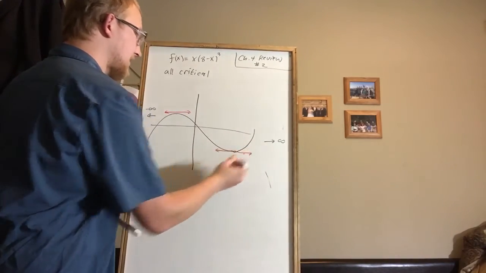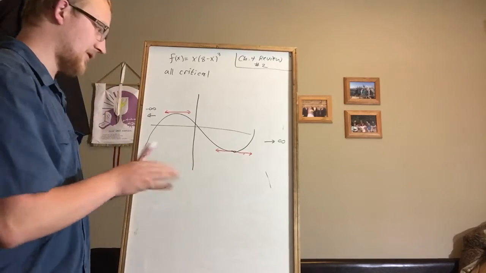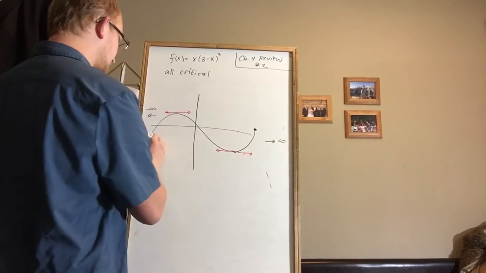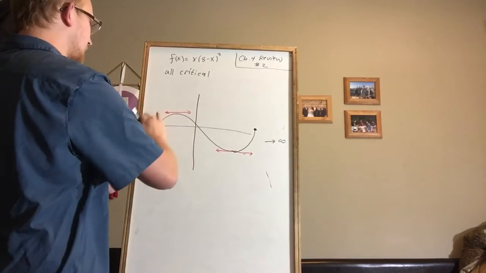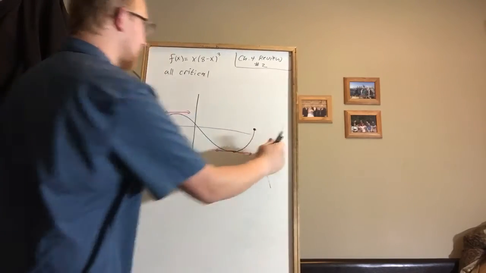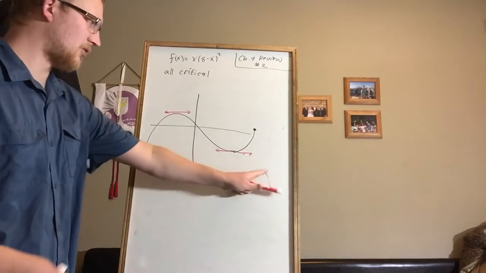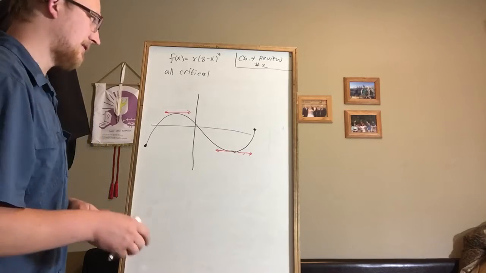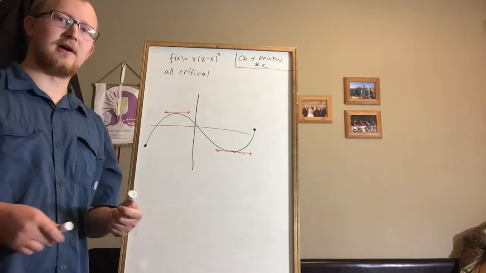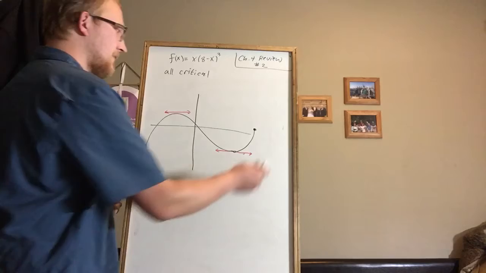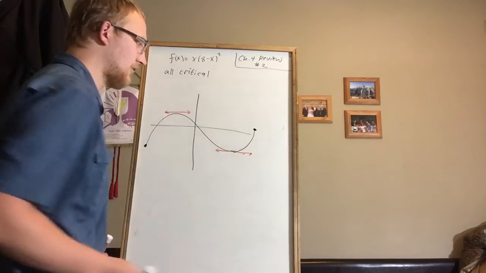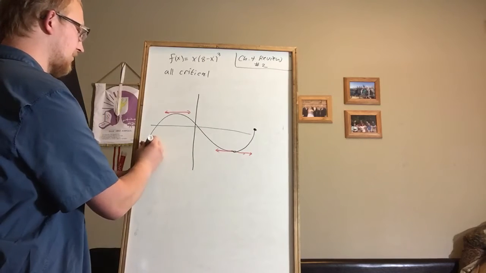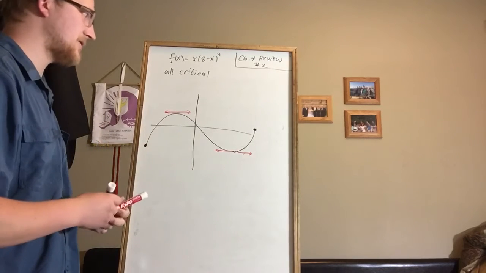And I also want to point out that if an interval is given, for example, let's say we cut off the graph here and here, so in other words, we don't have the full function, we need to figure out the endpoints of the interval and what kind of extrema they are. For example, this endpoint would be a local maximum because it's higher than everything else around it, and this would be a local minimum because it's lower than everything else around it.